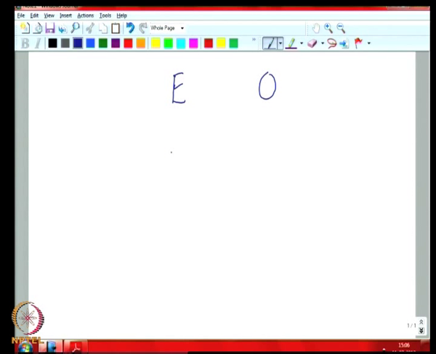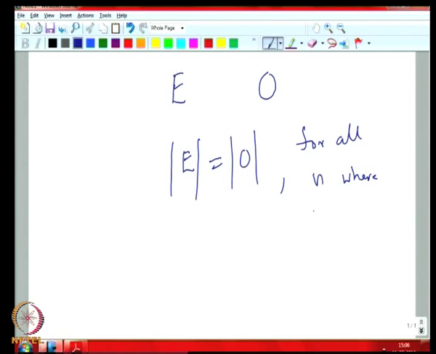We showed that for most n, E is equal to O, that is for all positive integers n where n is not equal to omega of s or omega of minus s, for s equal to 1, 2, 3 up to whatever.